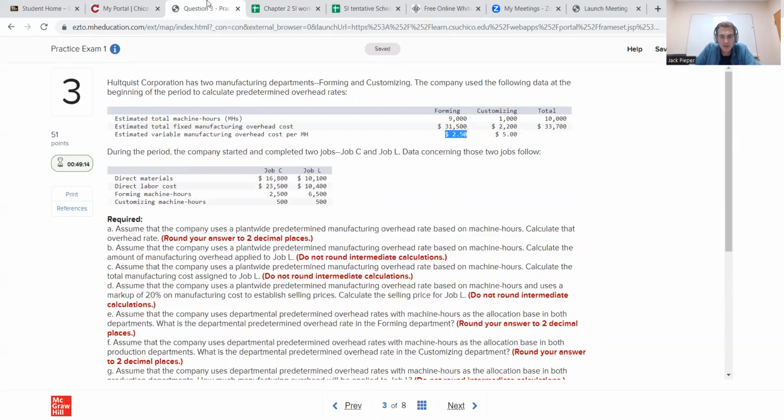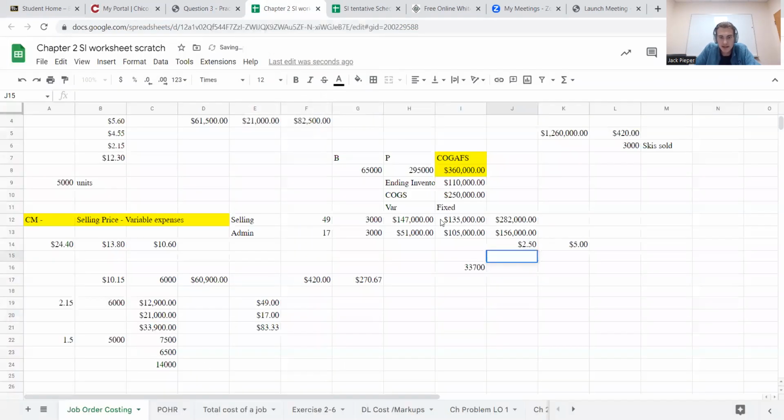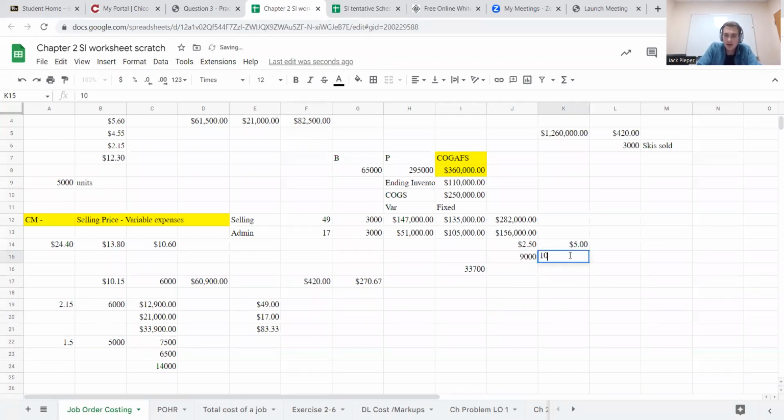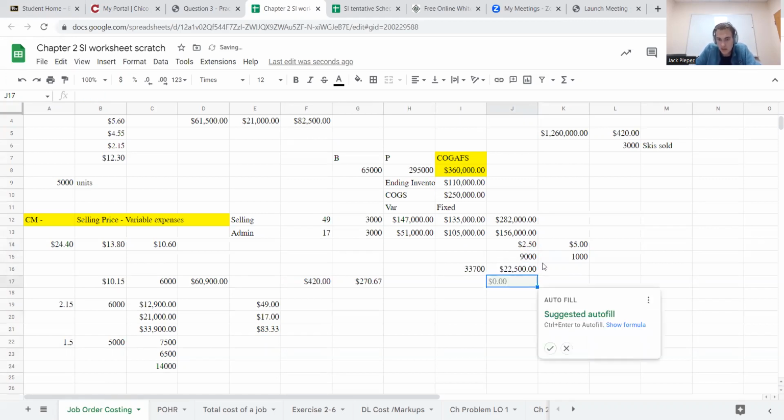And then we'll put the number of machine hours for each department here. Okay. And hit equals and multiply the two.